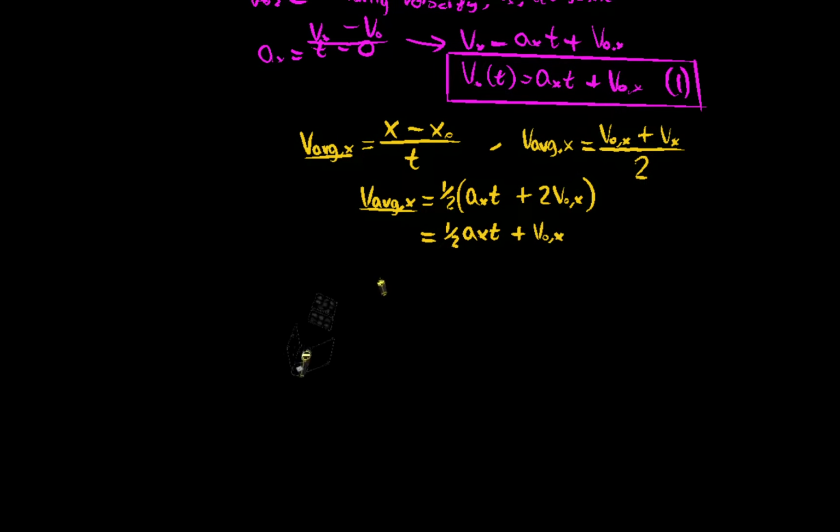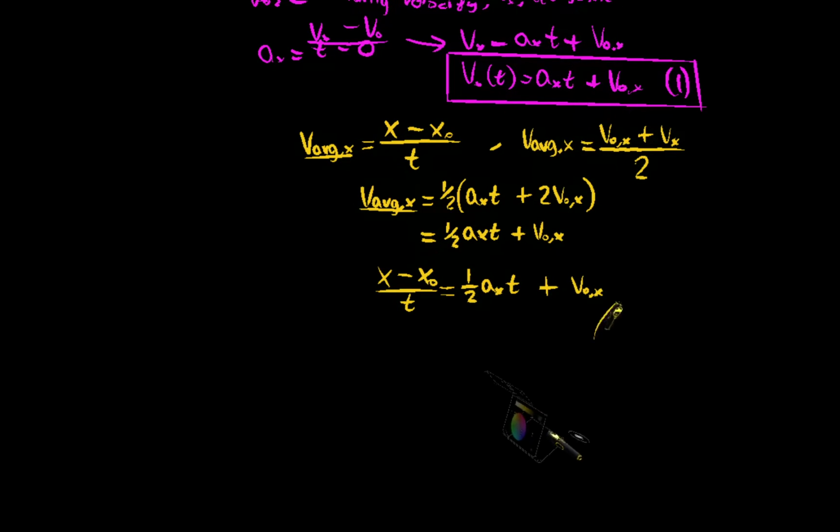So we have the one above here, x minus x naught divided by t. We're going to set that equal to this guy here, 1/2 ax t plus v naught x, because they're equivalent. They refer to the same quantity.